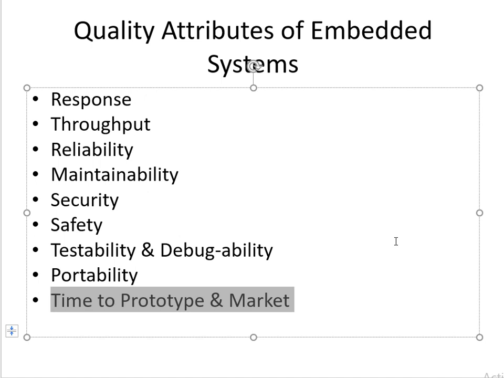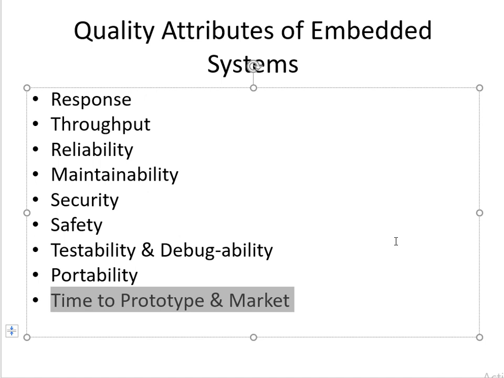The commercial embedded product market is highly competitive, and time to market of the product is a critical factor in the success of a commercial embedded product. There may be multiple players in the embedded industry who develop products of the same category, like mobile phone. These parameters are the main quality attributes of embedded systems.